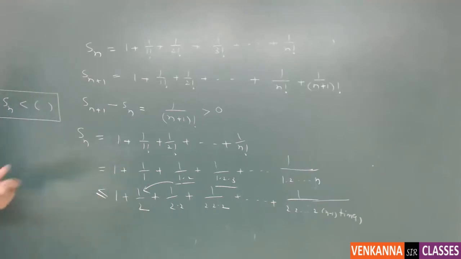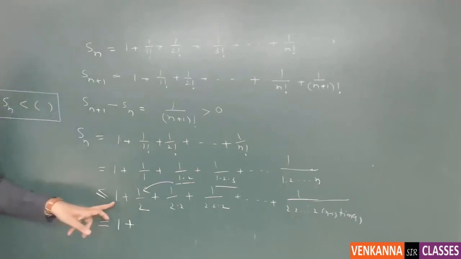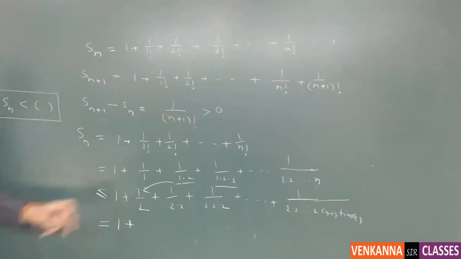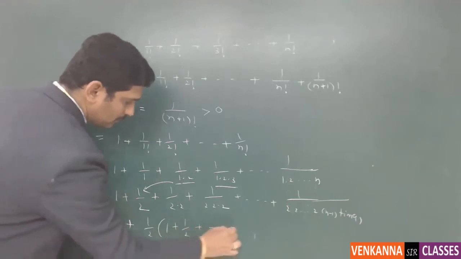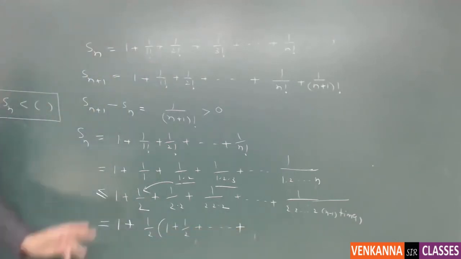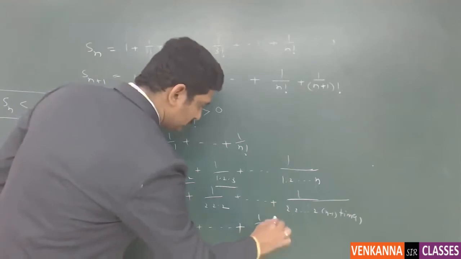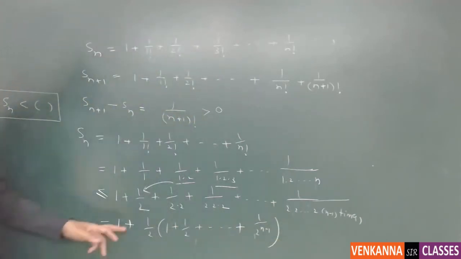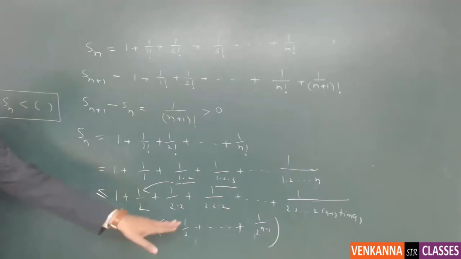Fine. So here it is nothing but 1 plus, if you take 1 by 2 as common here, so on, the last value will be 1 by 2 power n minus 1, like that. Or you can remove this thing also, 1 plus something.